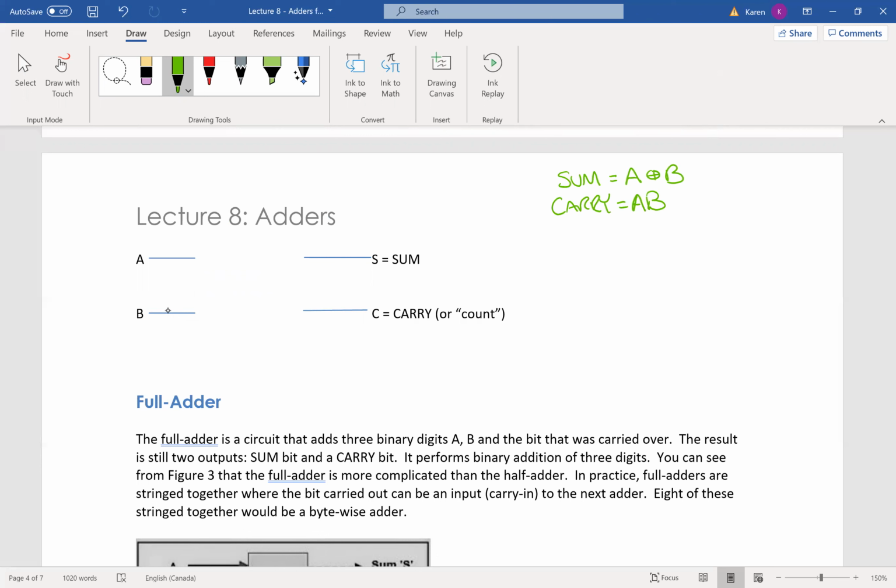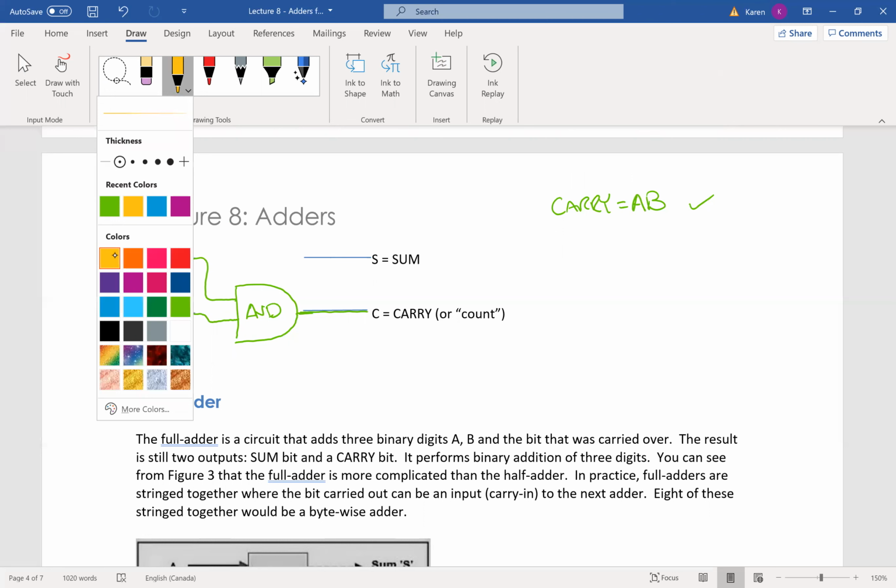So let's look at carry being A and B. Well, it would be an AND gate, wouldn't it? A would go in, and B would go in. So there we go. I've satisfied this. I just want consistent color coding.